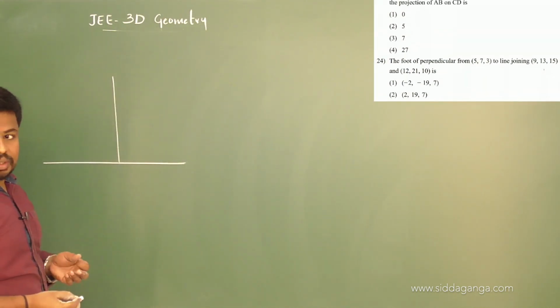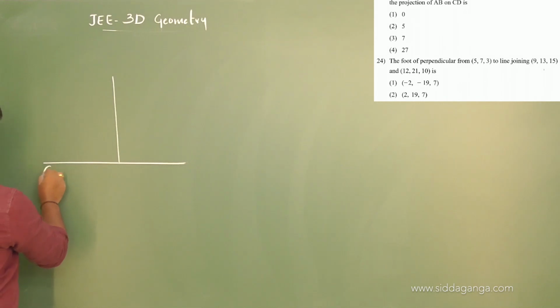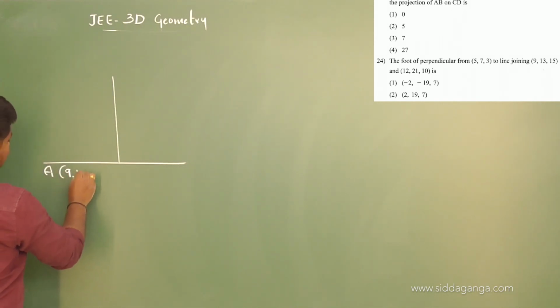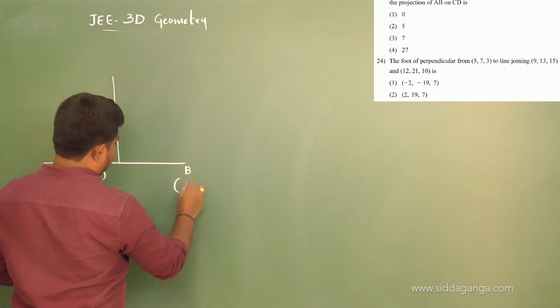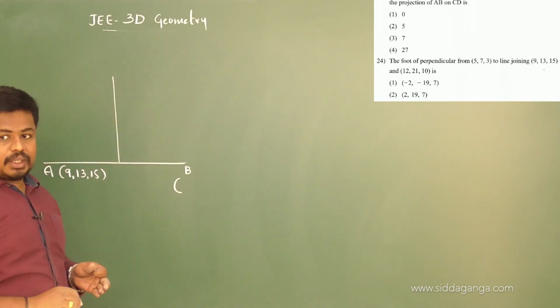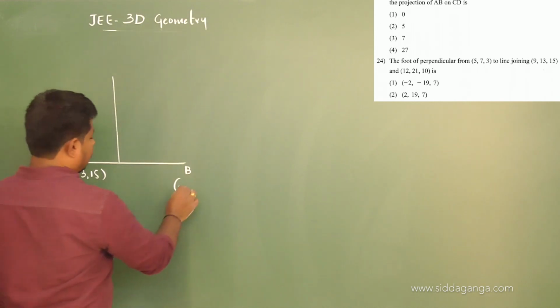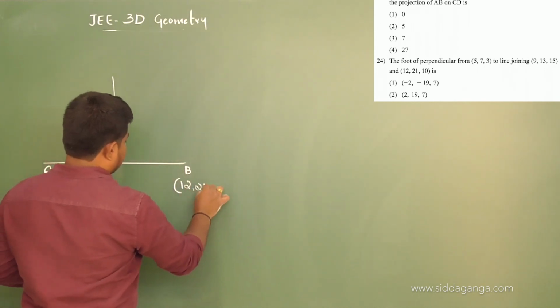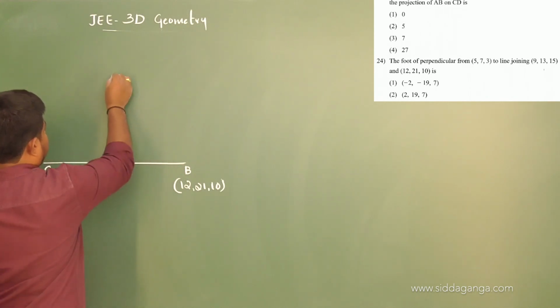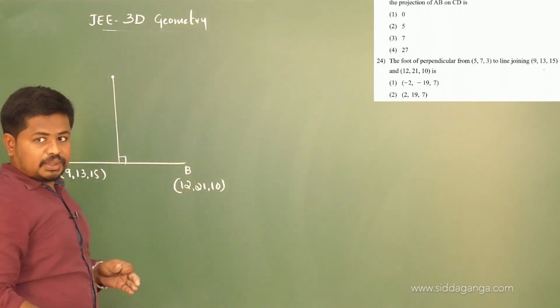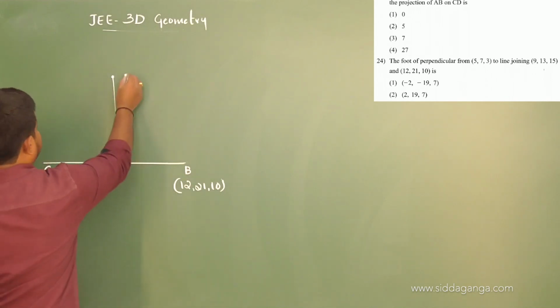Let us take this one, 9, 13, 15, as A, and this one, 12, 21, 10, as B, and the point is 5, 7, 3.